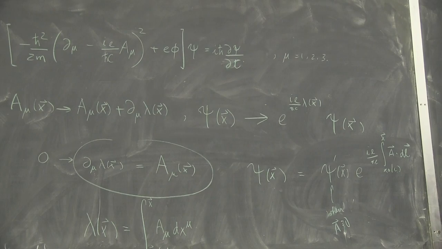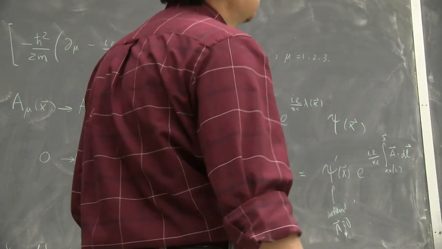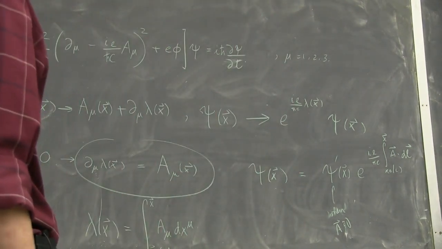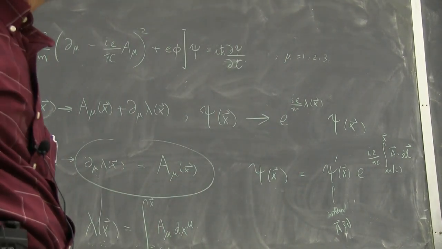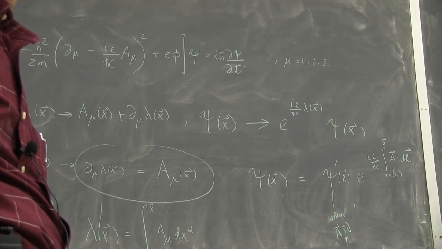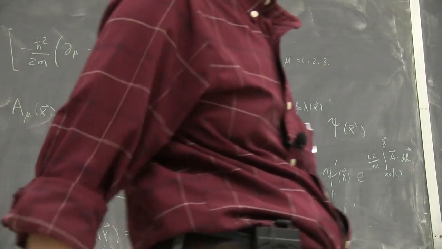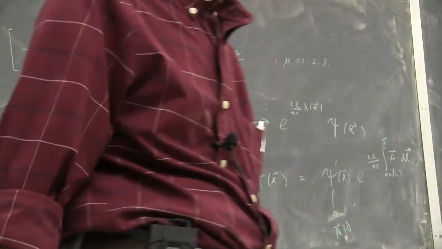Now this has some serious consequences, which, although it seems to be obvious, was not noticed until the early 1950s by David Bohm and Yakov Aharonov, I guess. So this is called the Bohm-Aharonov effect.